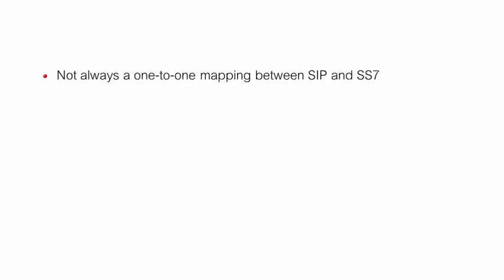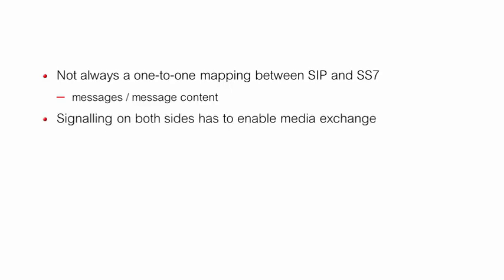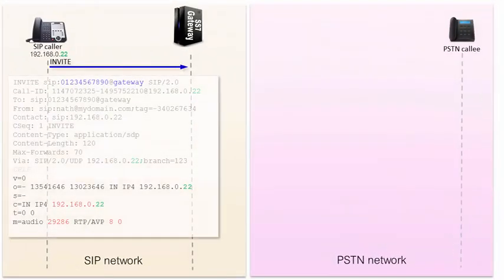Now, there are 2 points I'd like to discuss as we look a little deeper into the call flow. There's not always a one-to-one mapping between SIP and SS7, both signaling messages themselves and the content within those messages. And the signaling on both sides needs to enable media exchange by routing or pointing the media streams to the media gateway. Okay, first then, the invite from the SIP caller is received at the signaling gateway.